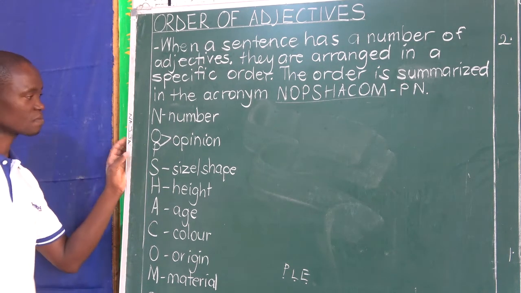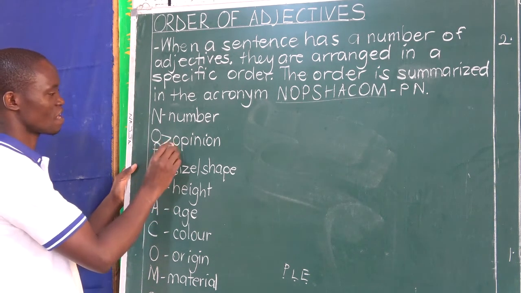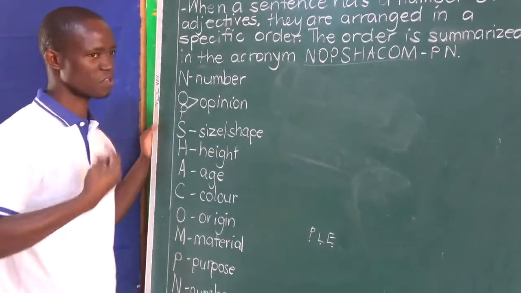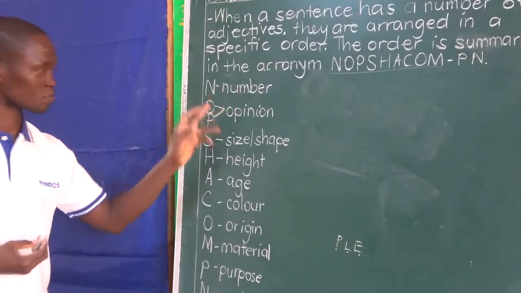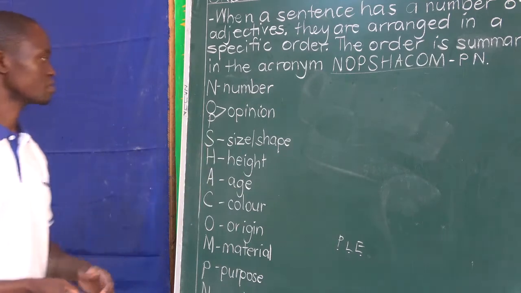So we have OP in the acronym, and OP stands for opinion, which tells us about the adjectives of opinion. We have different categories of adjectives, and they are the ones talked about in the acronym.